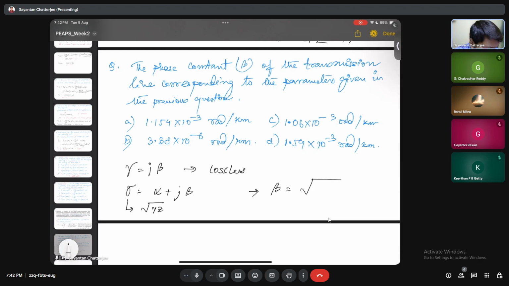Then beta will be just the imaginary part of gamma. So this we need to calculate just for lossy.